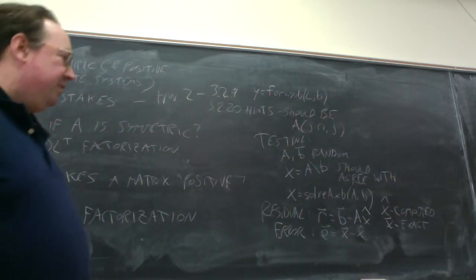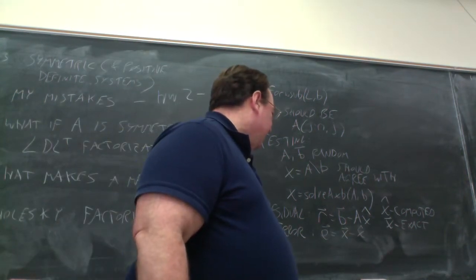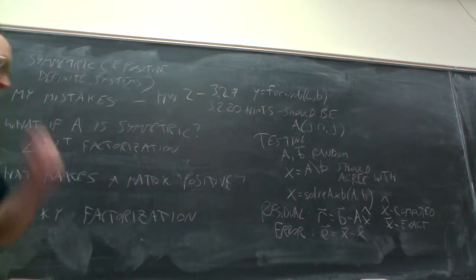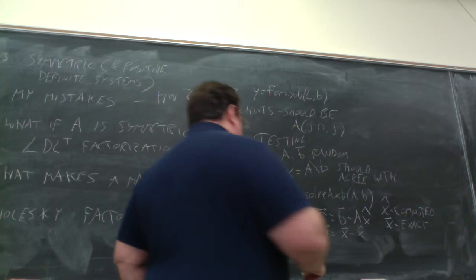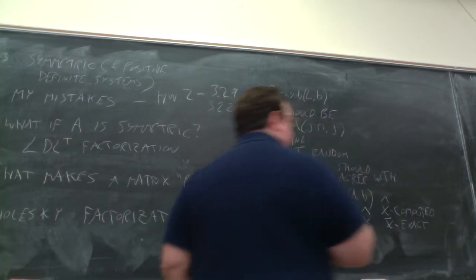Now you could think of this as a forward error, backward error relationship, for those of you who took last semester's class. For the exact solution, both would be 0.